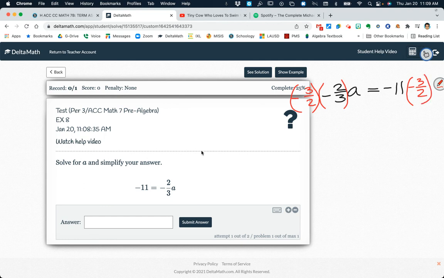So we're going to multiply both sides by negative 3 over 2. We're left with A equals 33 halves. So is the answer 33 halves? 33 halves it is.